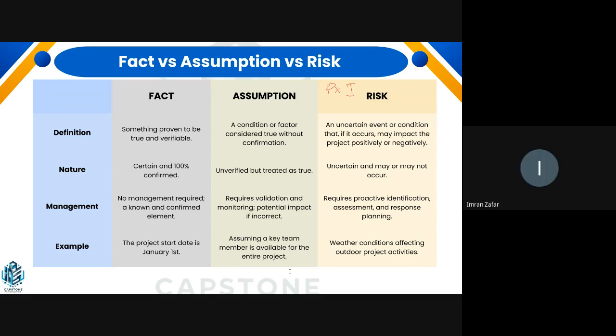Obviously, whenever you identify a risk, you plan for it, and what PMI suggests is that we should be communicating it appropriately. Obviously, you will not be keeping it to yourself.